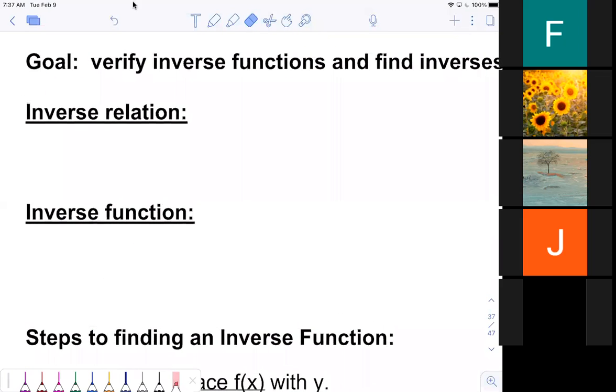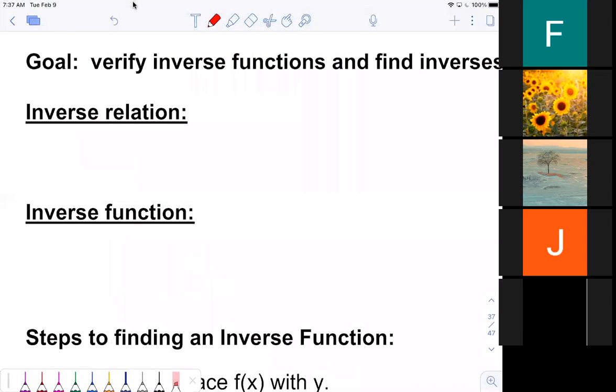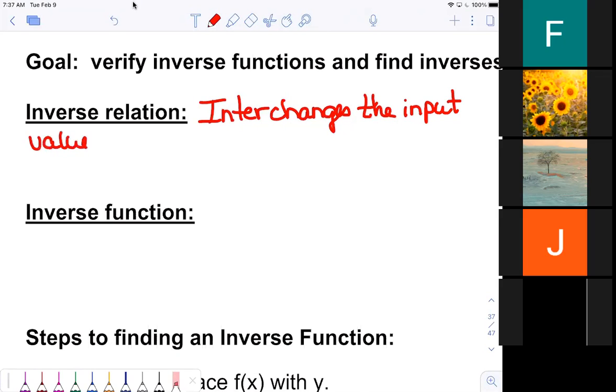And we're going to start first by defining an inverse function, or I'm sorry, an inverse relation, and then we'll talk about the inverse function. So an inverse relation interchanges the input values with the output values of the relation.